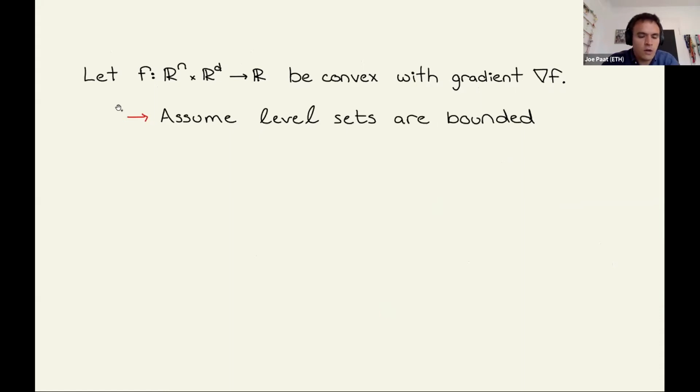If you're following along with the IPCO paper, I should say that we make this explicit in some of our proofs, but it's not very clear in the whole paper. This will be made more clear in the final version, and we want to thank the reviewers who noticed that we need to be clearer about this. But anyway, we assume that the level sets are bounded.